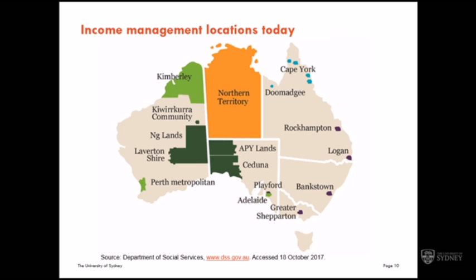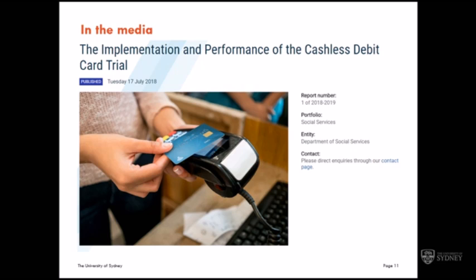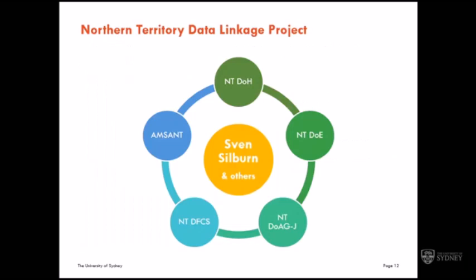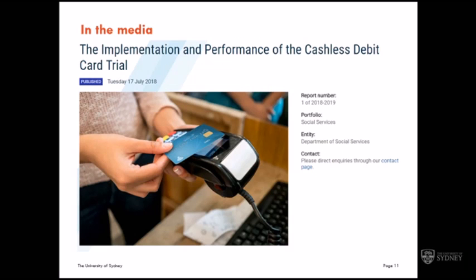There hadn't been any convincing scientific evidence on the effectiveness of the reform. You may have seen in the media currently the audit report that talked about the implementation and the performance of the cashless debit card in Ceduna. The Auditor General went in and came to the following conclusions. Basically, the implementation is fine.